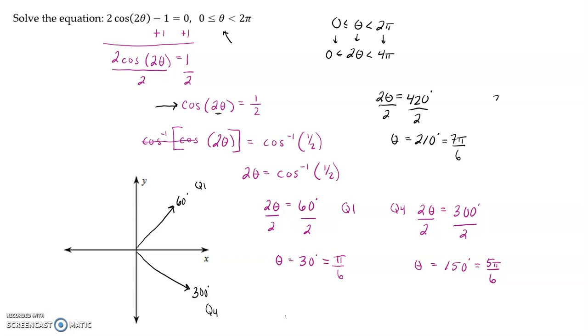So I'm going to have 2 theta equals 660 degrees. And now I can go ahead and divide both sides here by 2. And I'm going to get an angle measure of 330 degrees, which is the same thing as 11 pi over 6.